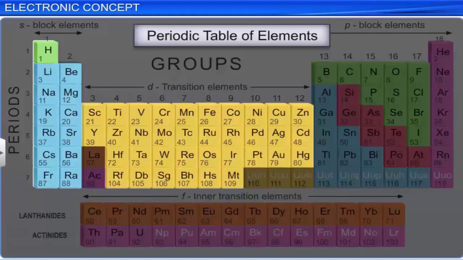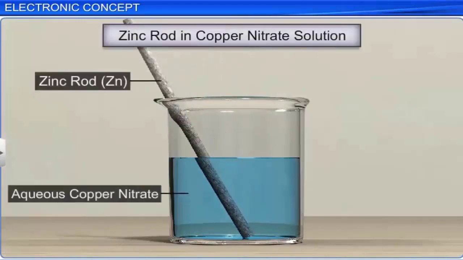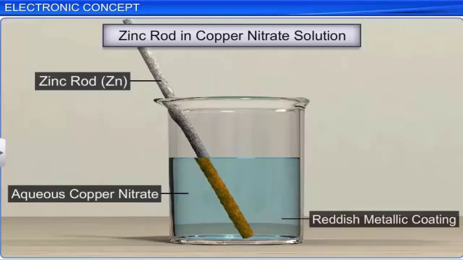Let's try to understand this through the following activity. We have placed a zinc rod in an aqueous solution of copper nitrate. Let's observe what happens. After a while, we notice a reddish coating, which is due to the deposition of metallic copper, appearing on the rod.